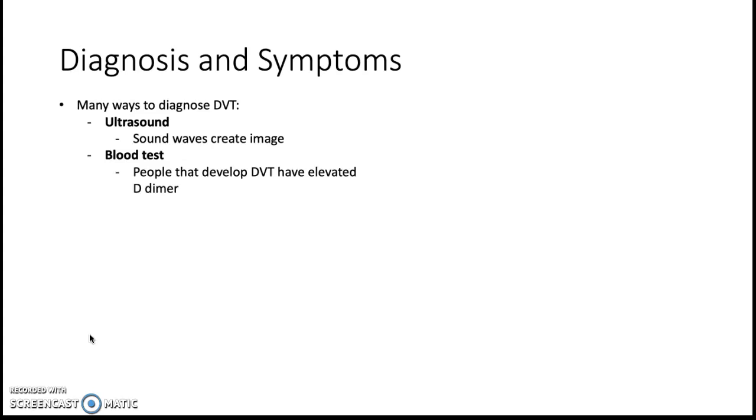People that develop DVT have an elevated D-dimer, which is a substance found in the blood after getting DVT. You can also use a venography. A venography is when dye gets injected into your veins, and the X-ray creates an image from that dye of that specific location.